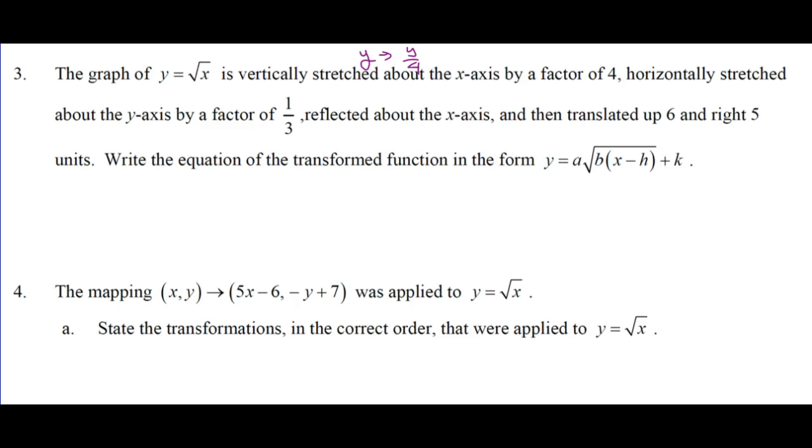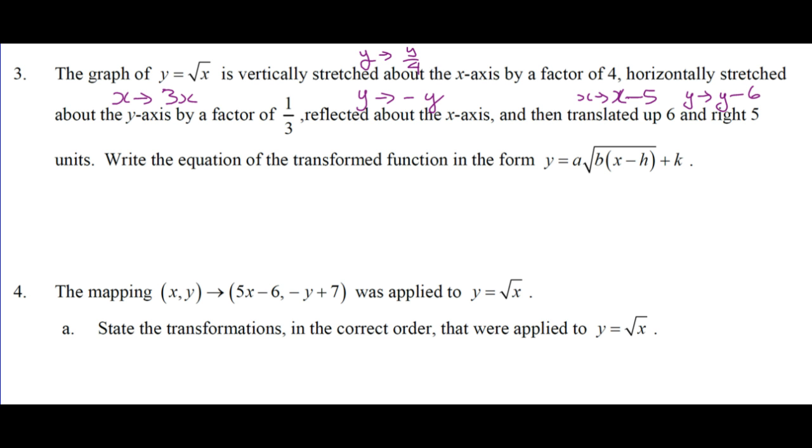So what's getting replaced by what? 3x. Reflected about the x-axis. What's getting replaced by what? And then translated up 6 and right 5.